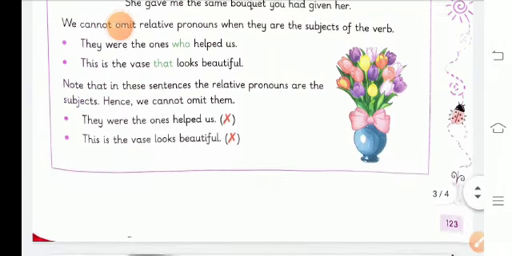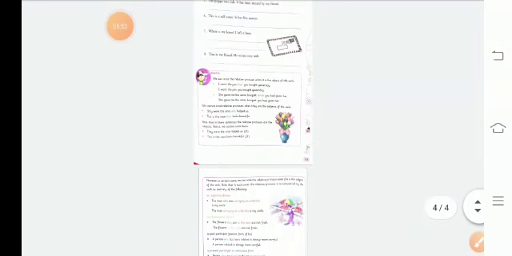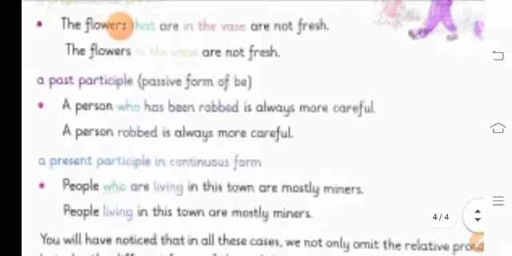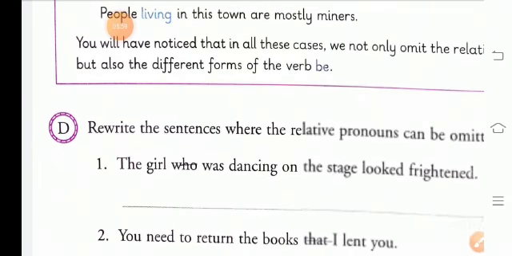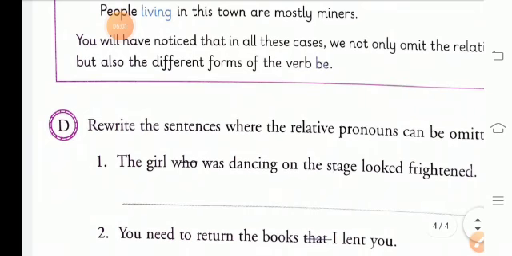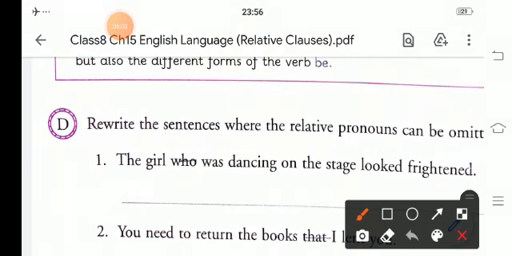Now we move to our exercise D. Rewrite the sentences where the relative pronouns can be omitted. We have to omit here. The first sentence is: the girl who was dancing on the stage looked frightened. Just omit this: the girl dancing on the stage looked frightened.